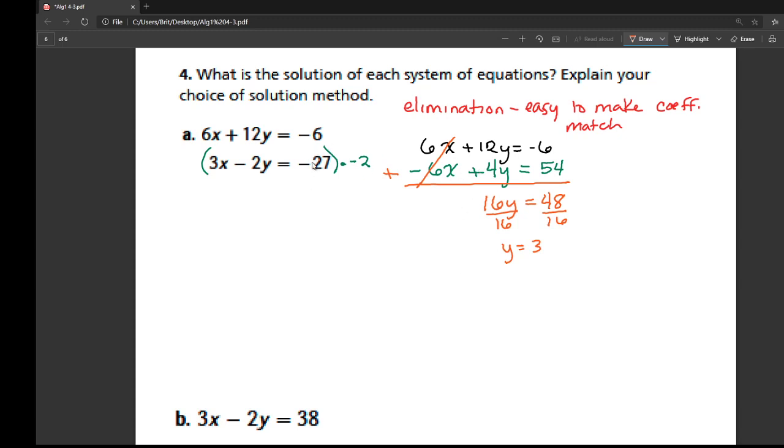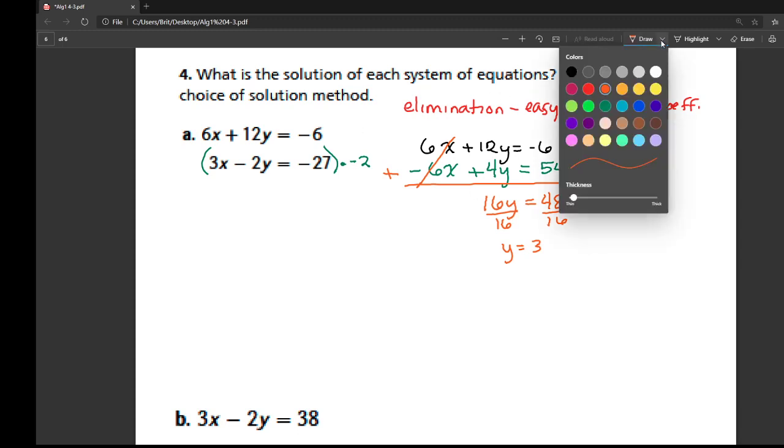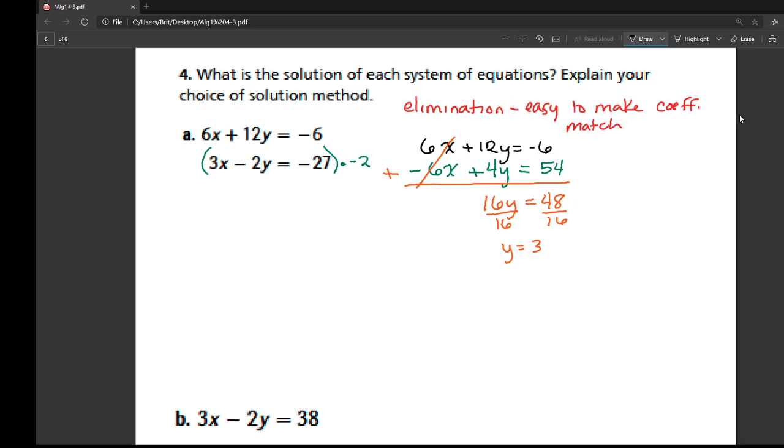So now I can go back to any equation that I want, and I could solve for x. I guess I'll do the original black equation. It doesn't really matter which one you want to do. So here, 12 times 3 is 36.